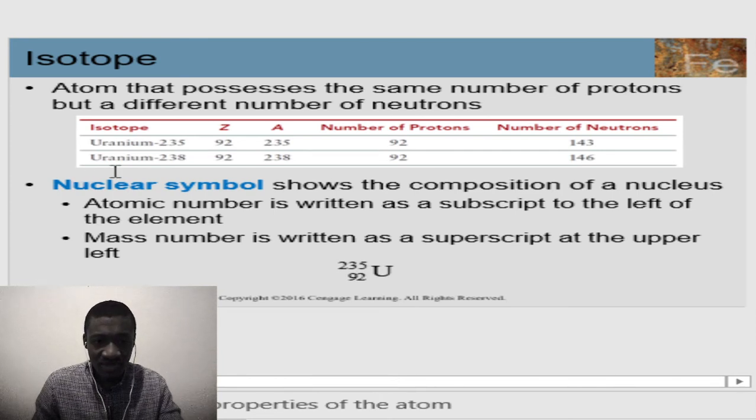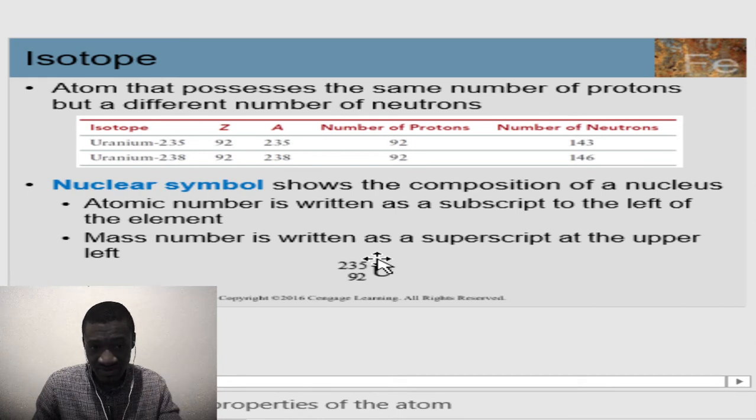The example we have above here is your uranium, and most of you know what uranium is. If you watch movies, it's a radioactive element, and on the basis of the differences, notice that U is the atomic symbol, so you write it down, and then in this case, the first one is 235. That is the mass number.